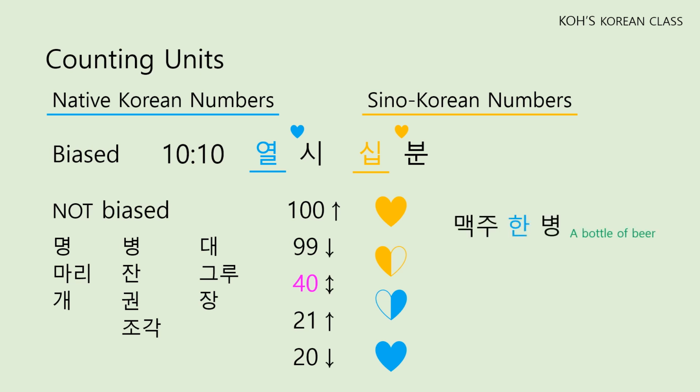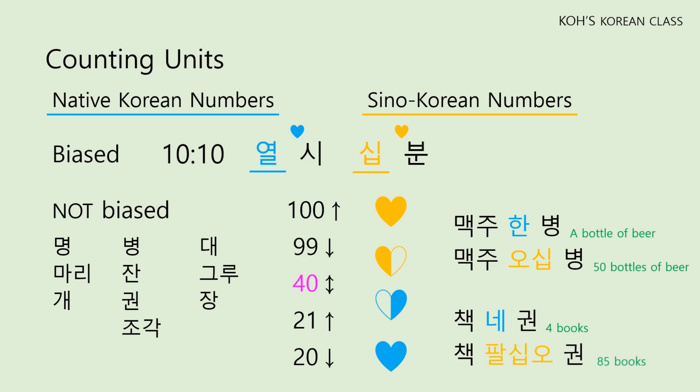So you can say 맥주 한 병 and 맥주 50병, 책 4권, 책 85권. So simply put, before 40, it's better to use the native Korean numbers. And after 40, the Sino-Korean is better.